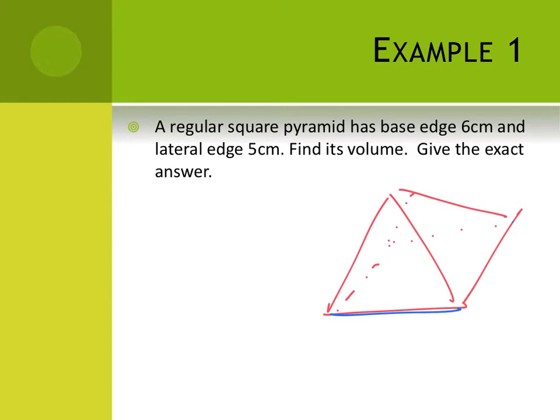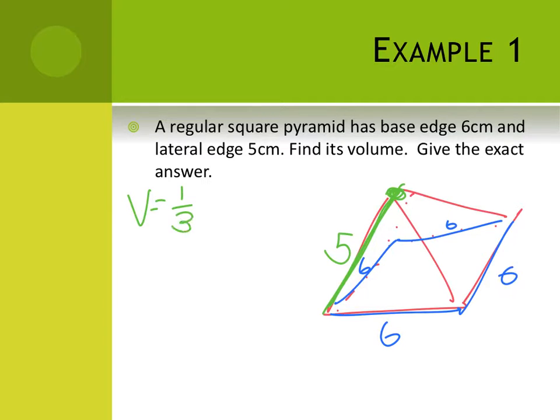So all the edges of the square, they're telling you are 6. And the lateral edge is the segment that goes from the vertex down the side. So this is 5. With me so far? So for volume, 1/3 base area times the height.